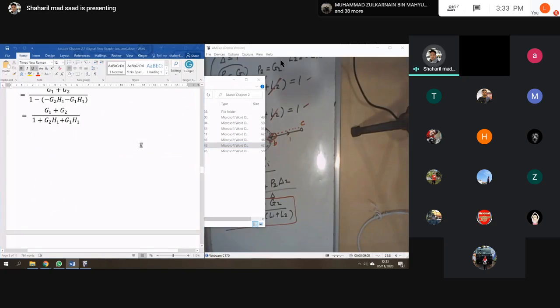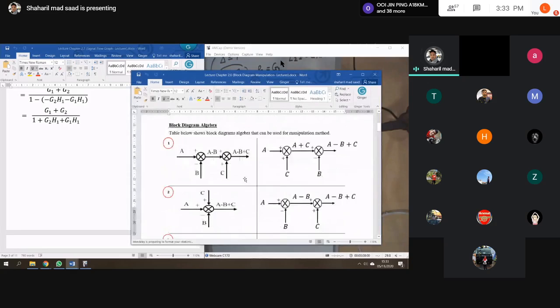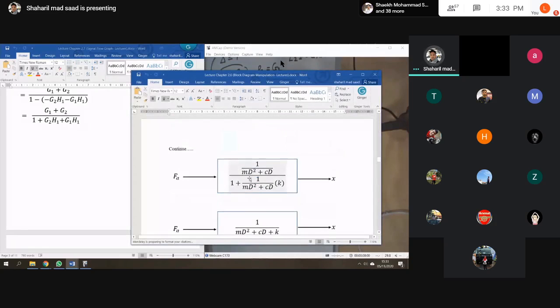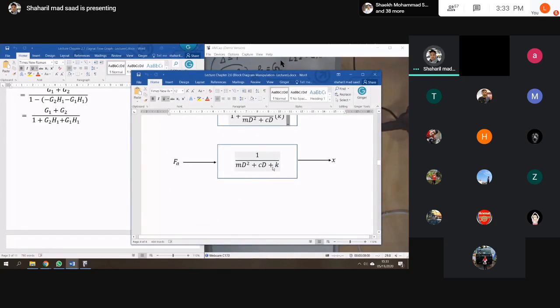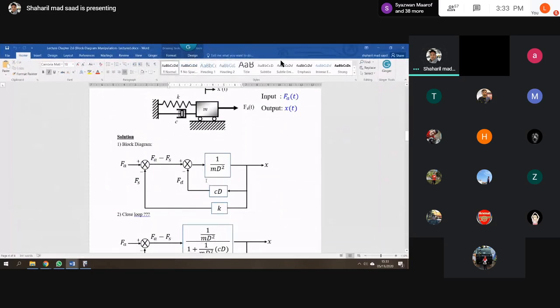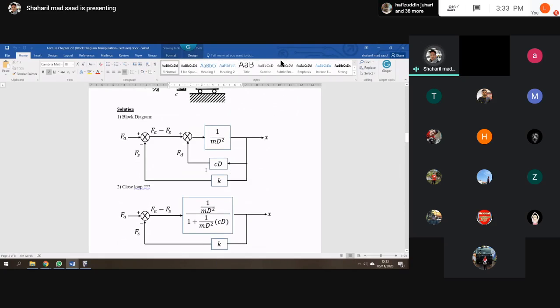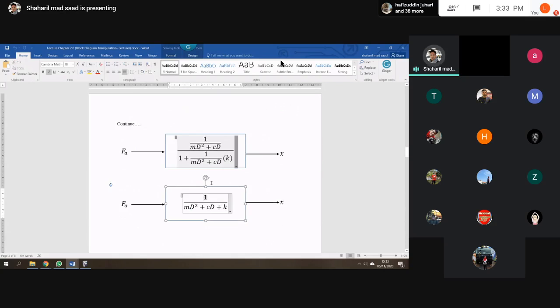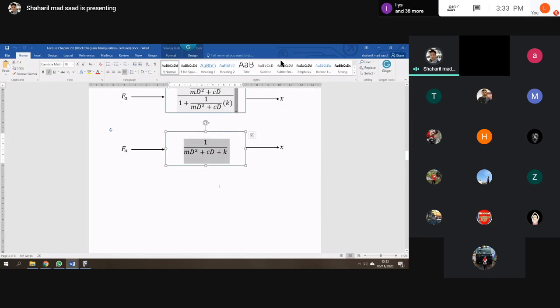Alright, so using the signal flow graph, you also can check back whether your block diagram is correct or not. Macam ni kan, you dapat macam ni, right? So this is the block diagram. The input, this one A, and B, and C, D. When you solve it using the signal flow graph, you will get the same equation.